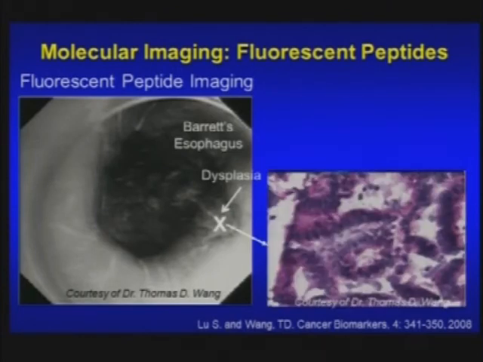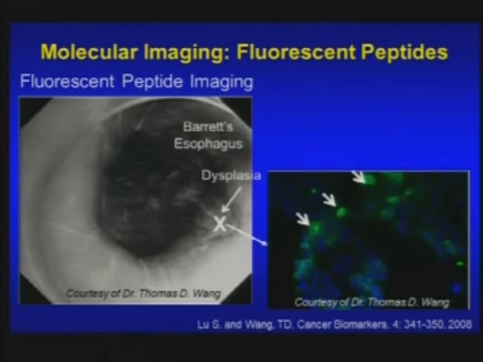Biopsies from this area demonstrated high-grade dysplasia. When they then evaluated the biopsy in a dish using a standard confocal microscope, not an endomicroscope, you could see that the fluorescently tagged peptide was binding to the Barrett's epithelial cells.